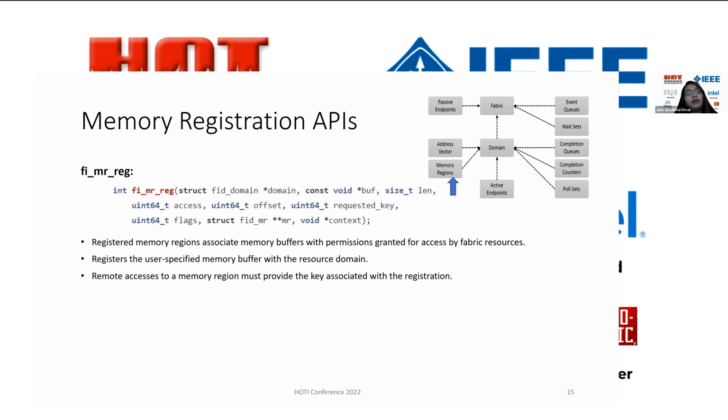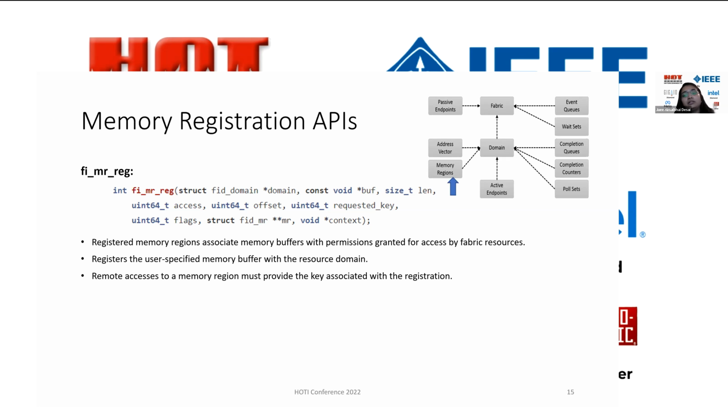The fi_mr_reg call is used to register a buffer, and by default, memory regions are associated with a domain. A memory region is accessible by any endpoint that is associated with that domain. And a region starts at the address specified by buf, and it is len bytes long.